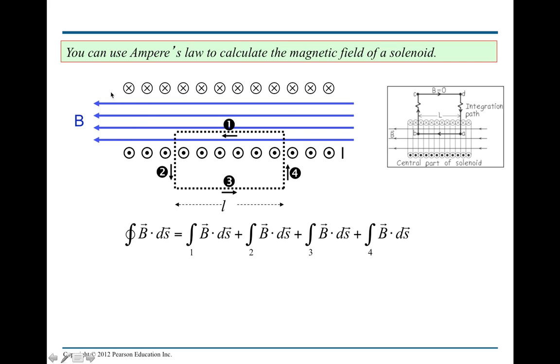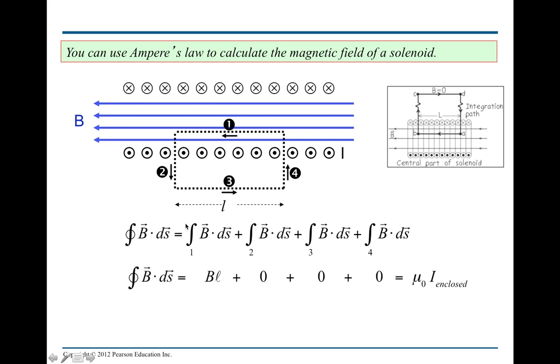So the magnetic field in both cases inside the solenoid is this way. Now, if the magnetic field is this way and the dL or dS is this way, that means the angle between them is 90 degrees. So both 2 and 4 will give me 0 contributions. Segment number 3 has no current enclosed, so that again will give me 0.